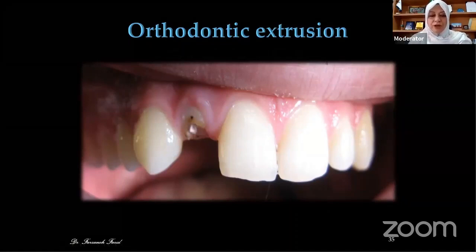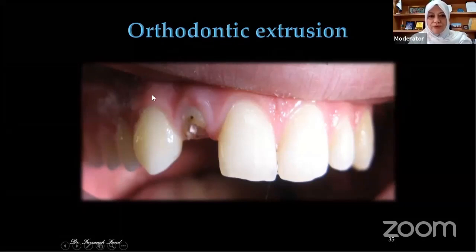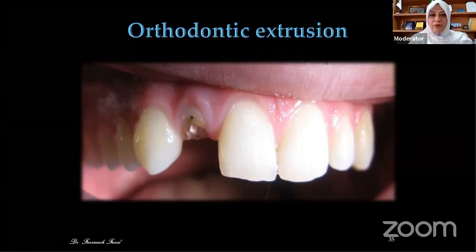We have two choices. One is to remove the gingiva and bone from around the tooth to expose more of the structure. However, when you want to do a periodontal surgery, like crown lengthening, you can't do it for just one tooth. You have to extend it to all adjacent teeth.